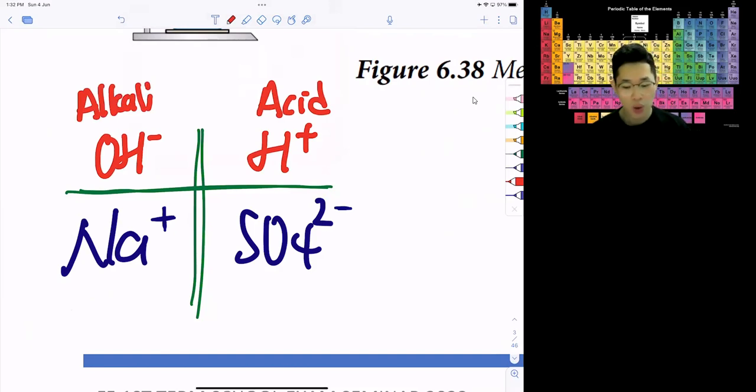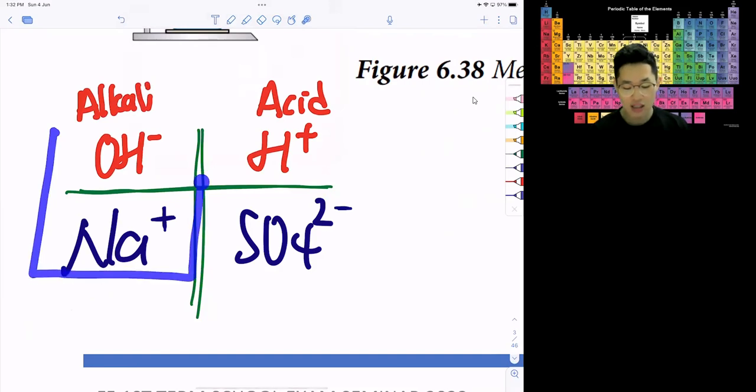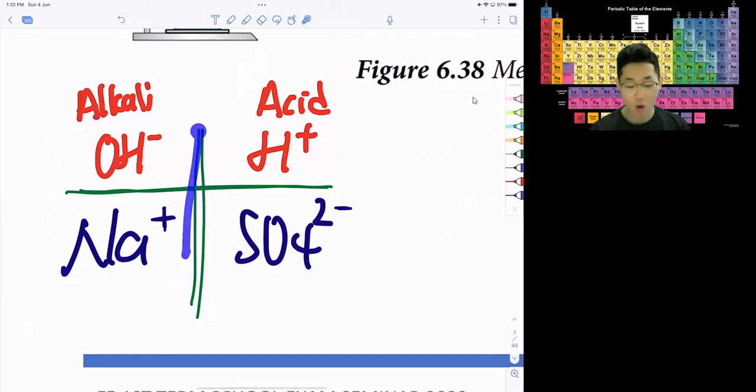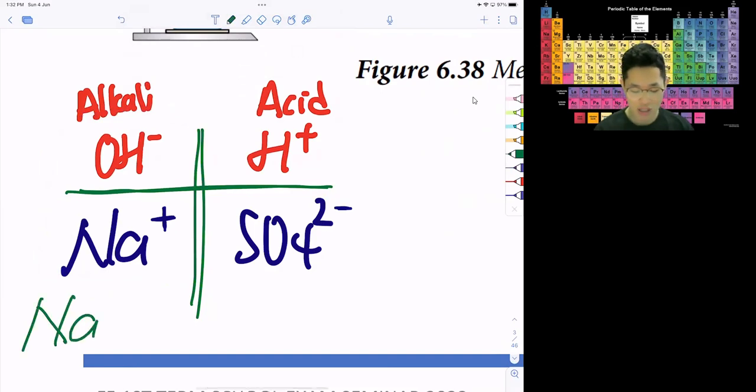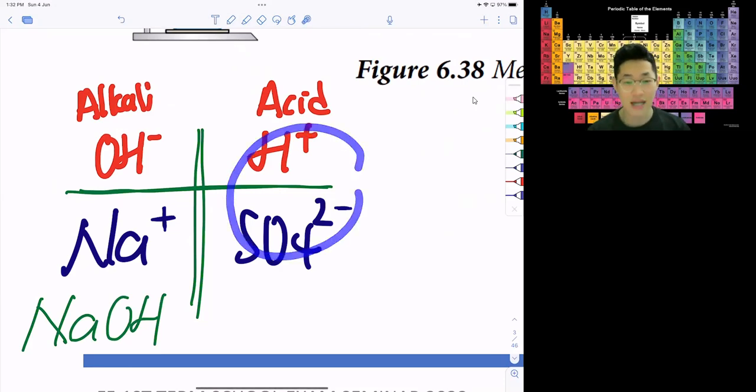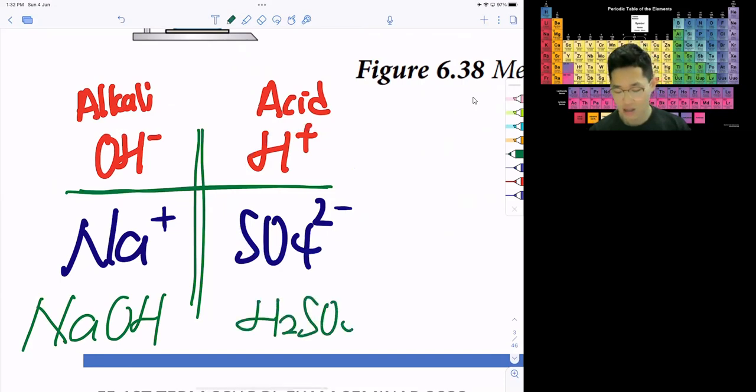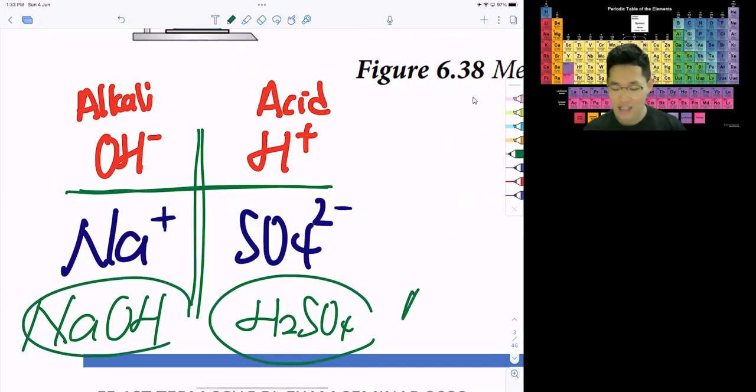So, you just pair them up together. Na plus and OH minus, ta-da, NaOH. H plus and SO4 2 minus, H2SO4. So this is the acid and alkaline solution I need. These are my reactants.